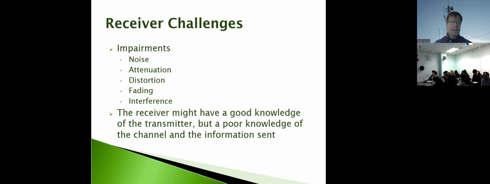So we also have distortion. I've mentioned a few times that there's distortion in particular in the power amplifier of the transmitter. There can be distortion in the receiver also. And there can be fading, multipath interference.